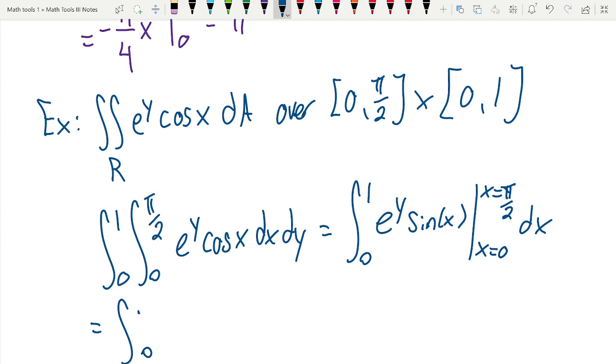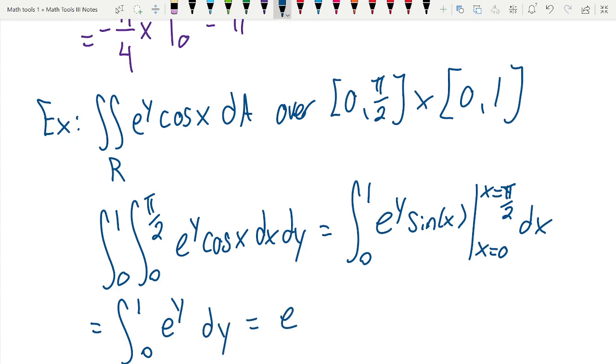So we have e to the y, and then sine of pi over 2 is just 1. And then you're going to have minus e to the y sine of 0, which is 0. So it's just going to be e to the y, actually.